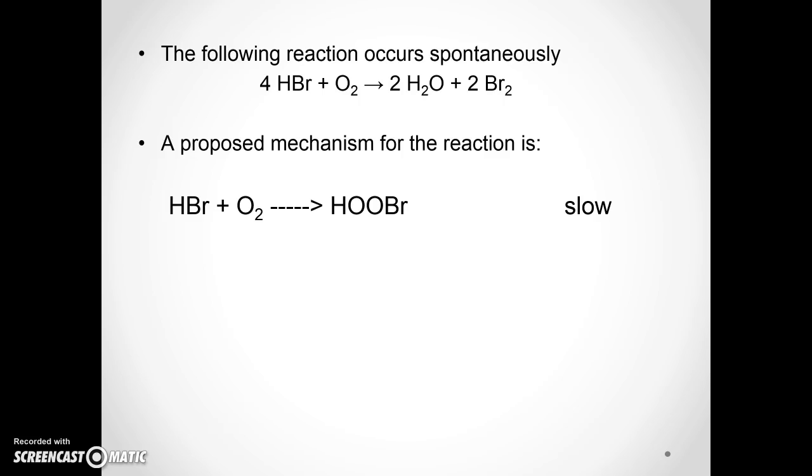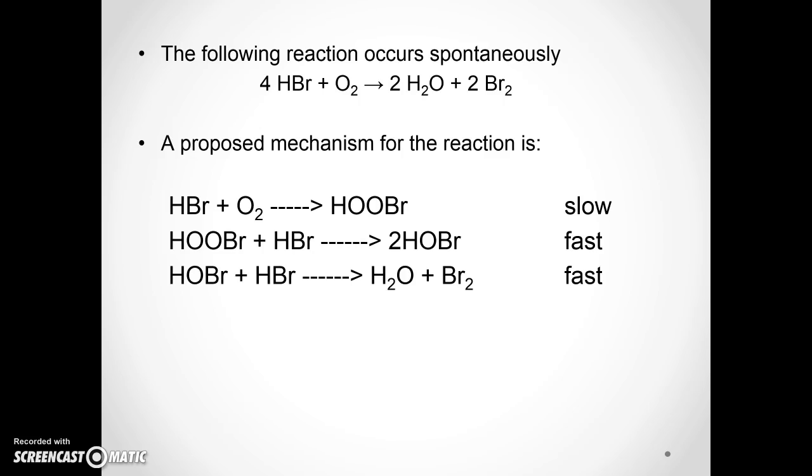Now the slowness or the fastness of these reactions is tested empirically in chemical labs. These mechanisms are tested, and this is an area of scientific research. Then we can take the HOOBr and combine it with more HBr to make 2HOBr, and that's a fast reaction. And then HOBr plus another HBr combine to make the H2O and the Br2.